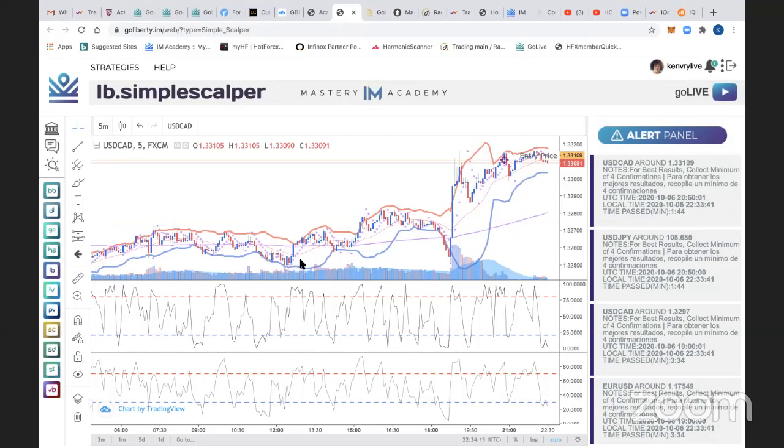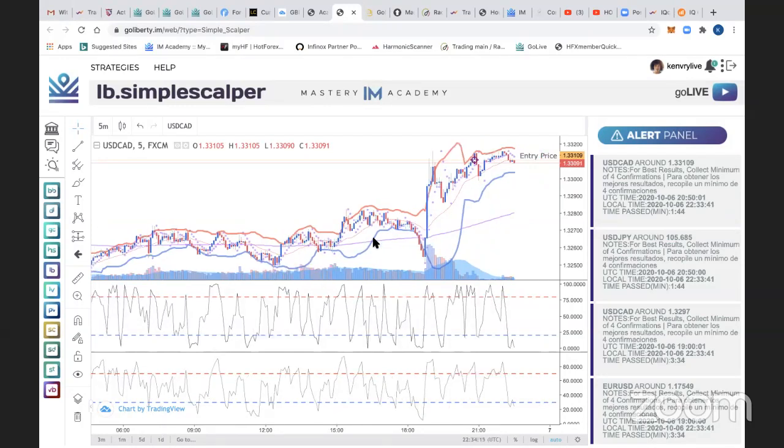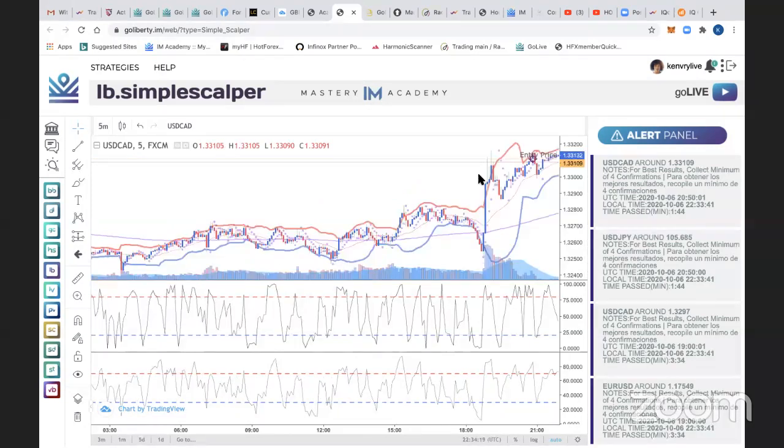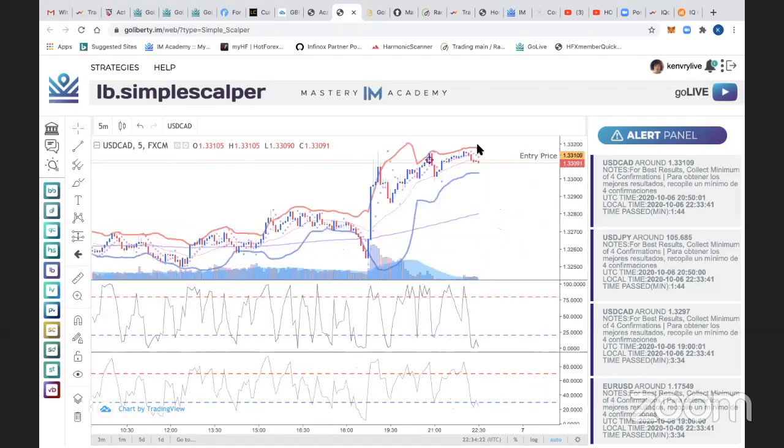So this is what the chart looks like. The simple thing about this trading is, when the candles get to the blue areas, you are looking for a buy. When the candle is at the red area, you're looking for a sell.